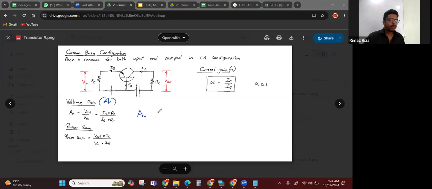Voltage gain is equal to output voltage V out divided by V input. The output, using Ohm's law for this resistor, is ICRC, divided by the input, IERE.